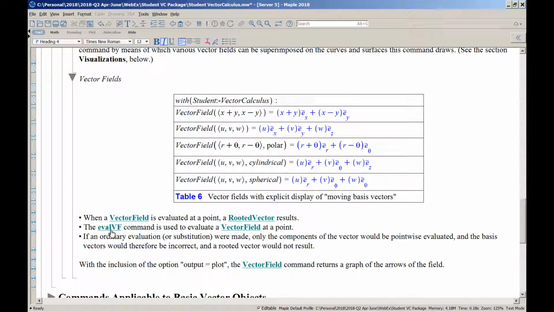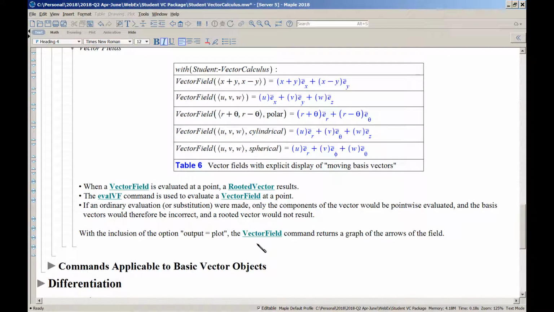If you just did a substitution into a vector field, you would modify the component, but you would not get the correct modification of the basis vector. And finally, if you use this VectorField command to create a vector field, there is an option, output equals plot, and then you get a picture of the arrows of the field.